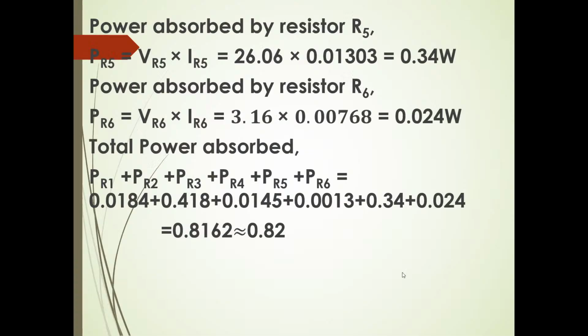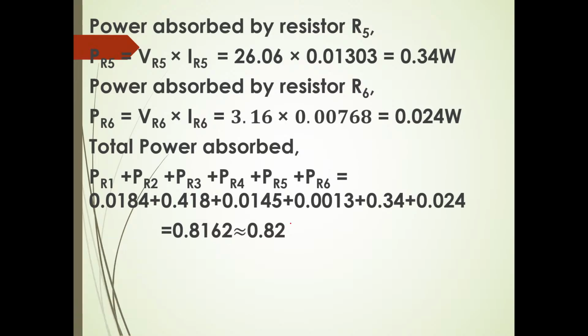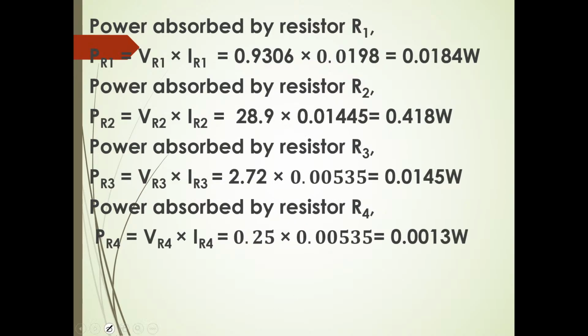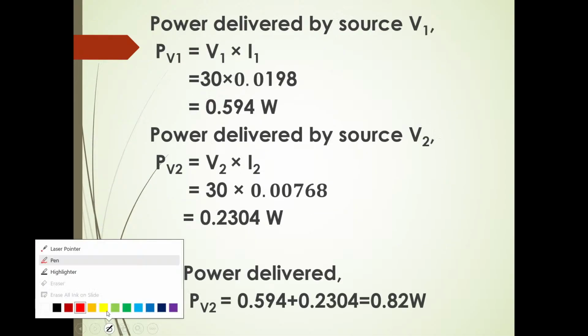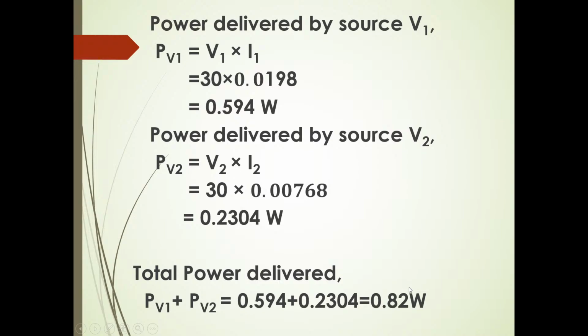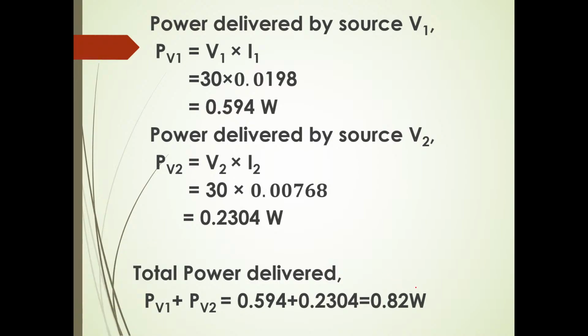So what is the total power absorbed by all the elements here? 0.82. And in the previous slide, what was the total power delivered by the sources? 0.82. Total power delivered 0.82.